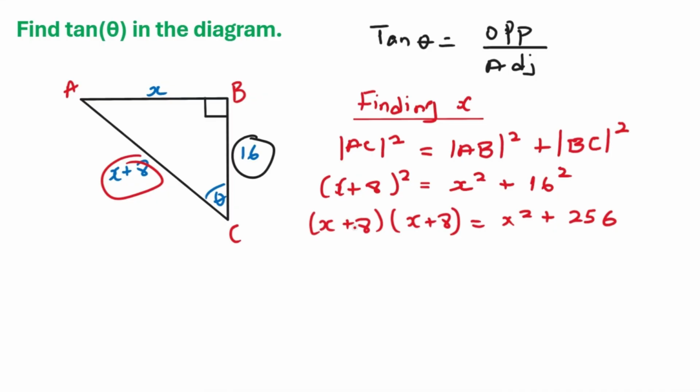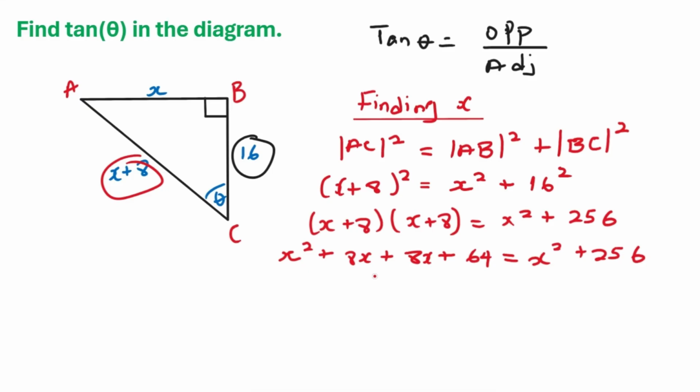So let's do it. X times X will give us X squared. X times 8 will give me 8X. And 8 times X will give me 8X. 8 times 8 will give me 64. So I'm done with the multiplication. And that is equal to X squared plus 256.